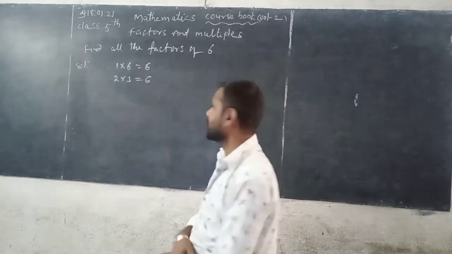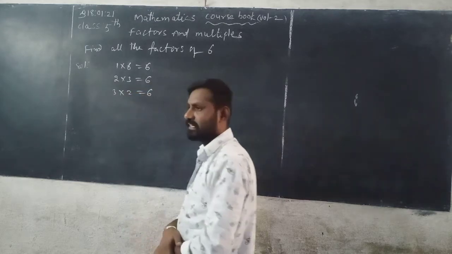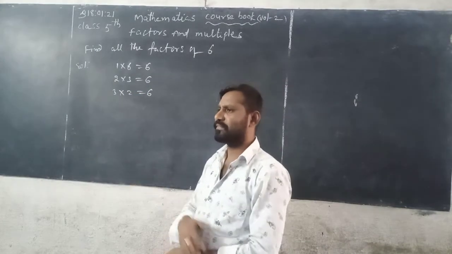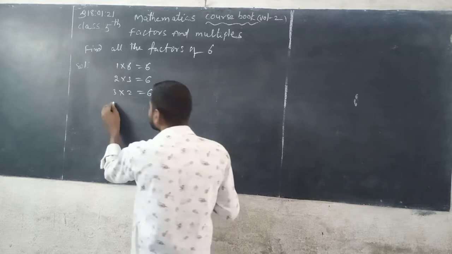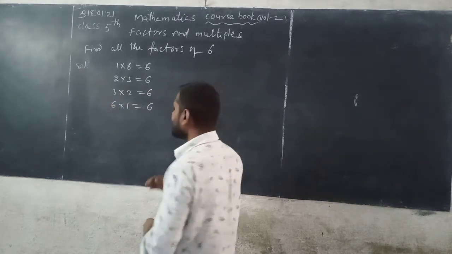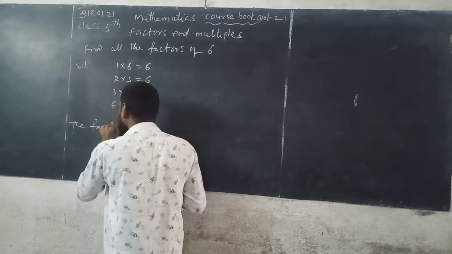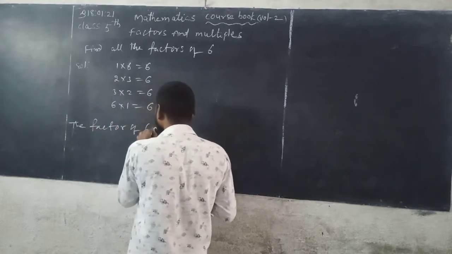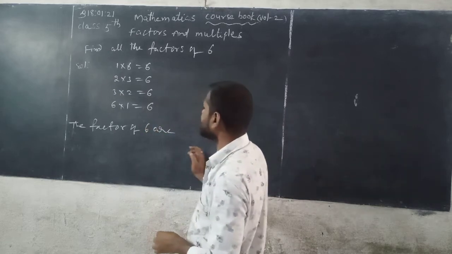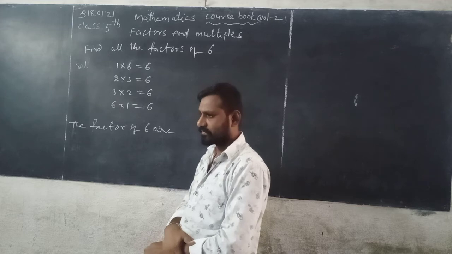Next, 3 2s are 6. Next, 4 is not possible. 5 is not possible. Again, 6 1s are 6. See here, the factors of 6 are 1, 2, 3 and 6.